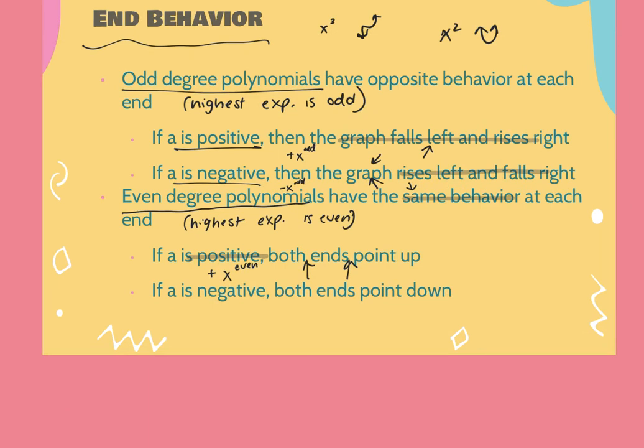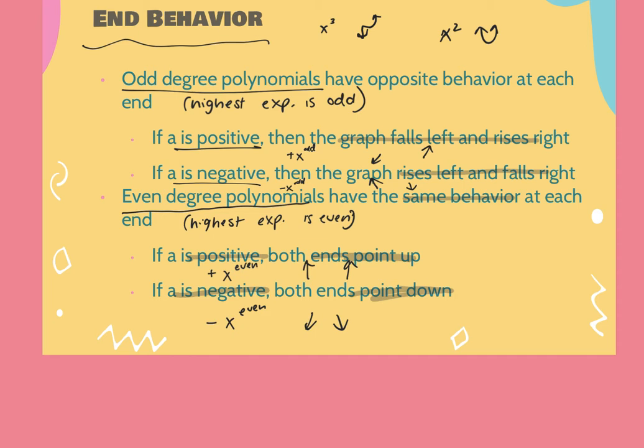And if a is negative, then they both point down. Negative x to an even power, and they both point down. Again, just like a parabola. If it was a negative x squared, it points down. If it's positive x squared, it points up.